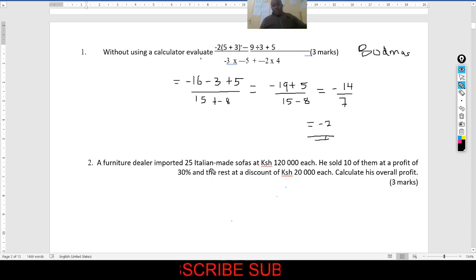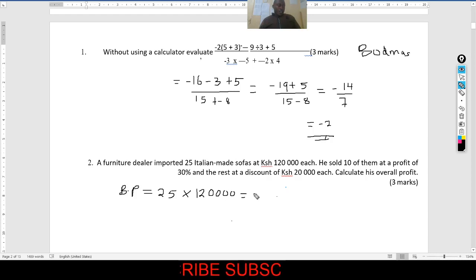The buying price equals 25 of them, and he bought at 120,000 shillings each, so 25 times 120,000.